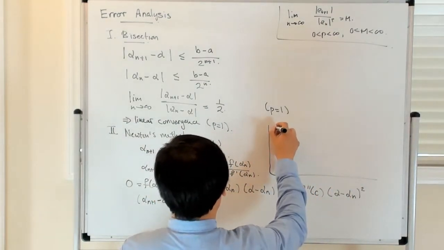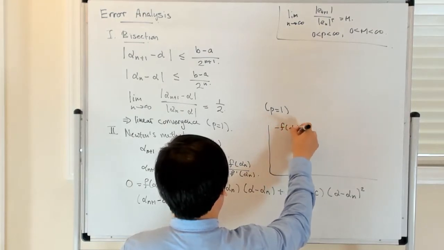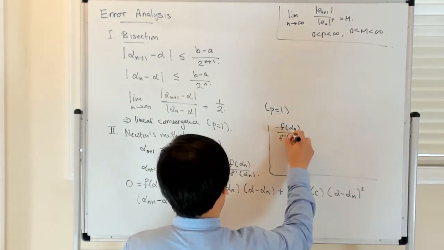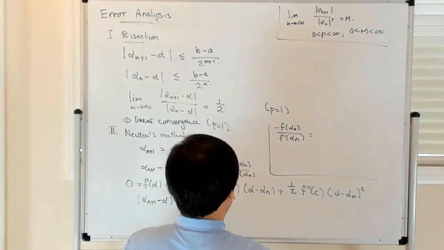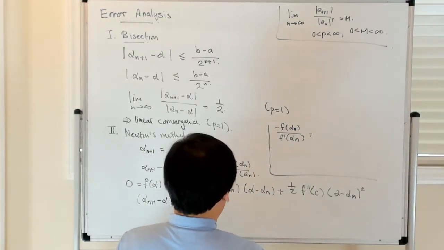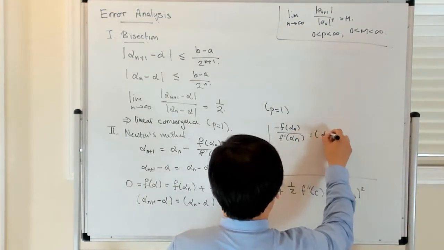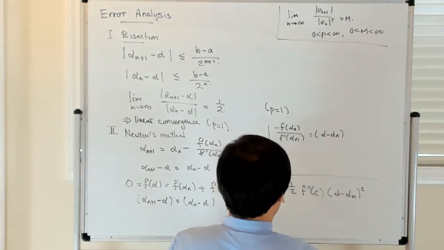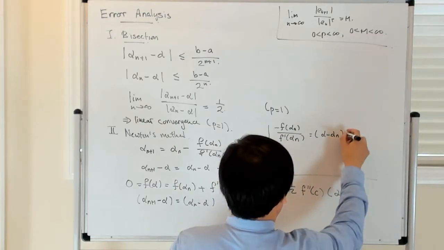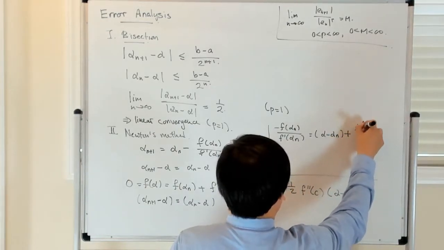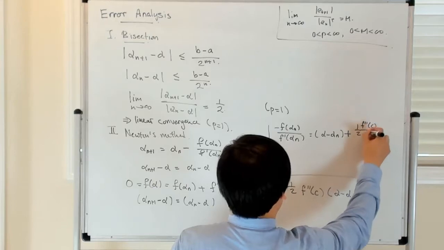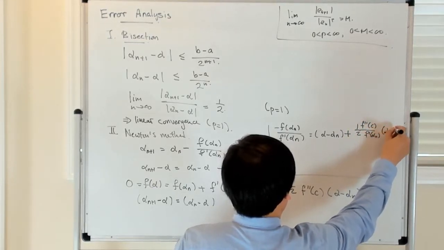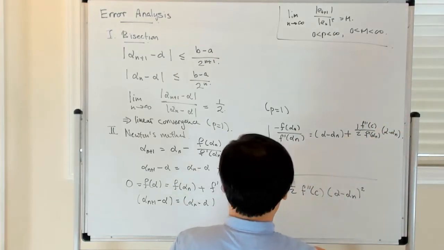I have minus f alpha n over f prime alpha n is equal to alpha minus alpha n plus 1/2 f double prime at c over f prime alpha n, times alpha minus alpha n squared.